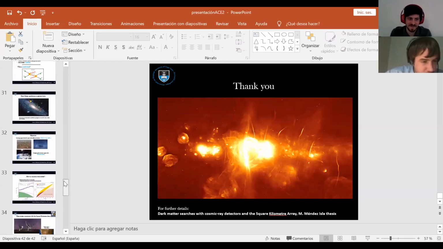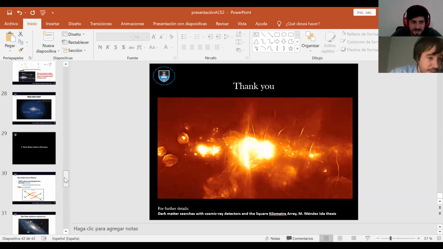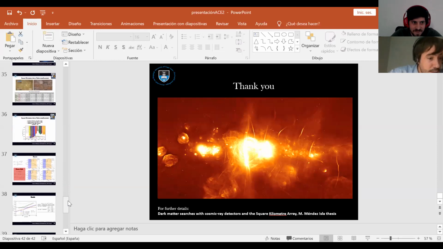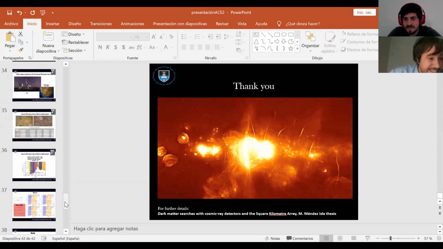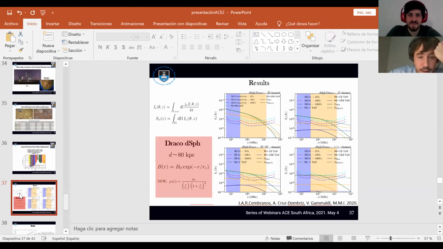One of the things that boosts the dark matter signal a lot is the dark matter density profile. One of the main questions for dark matter is how it is distributed in those galactic halos.